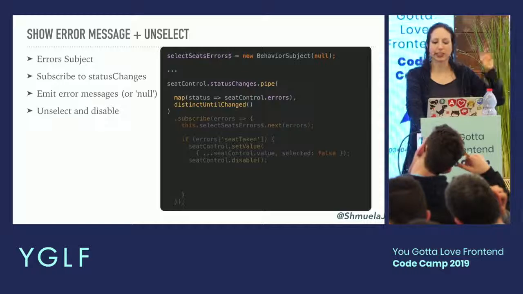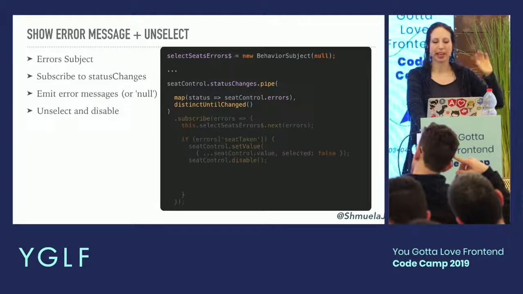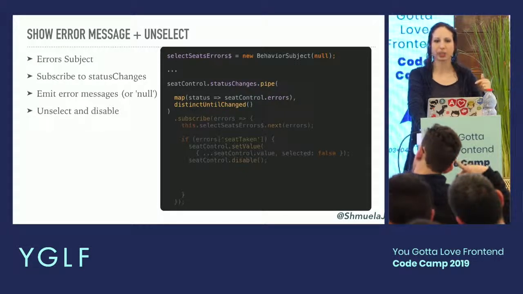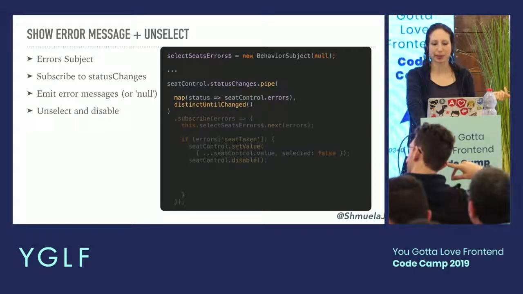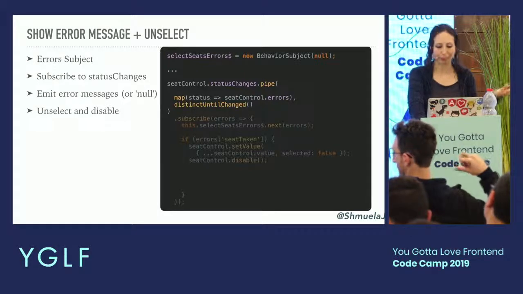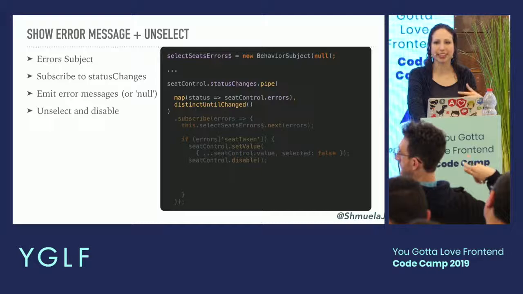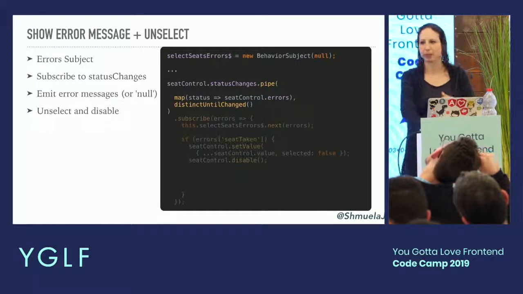Now, for each seat control, when we create it, we have another observable there, status changes, and we can listen to it. So we listen whether it has errors or not, okay? The status can be valid, invalid, what else?